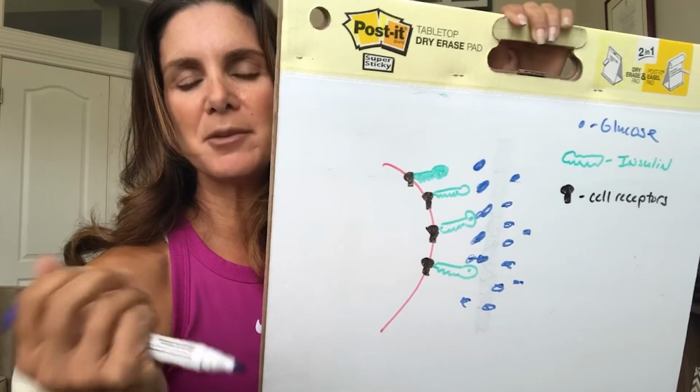Well, we do everything that we can to make you more sensitive to insulin. And there are a bunch of ways to do that, which is why we're going to make this a series. But if I can give you any idea of what to do right now, it is movement or exercise. Skeletal muscle has cells that are the greatest puller-outers of glucose. So it pulls glucose out of the bloodstream and into the cell.